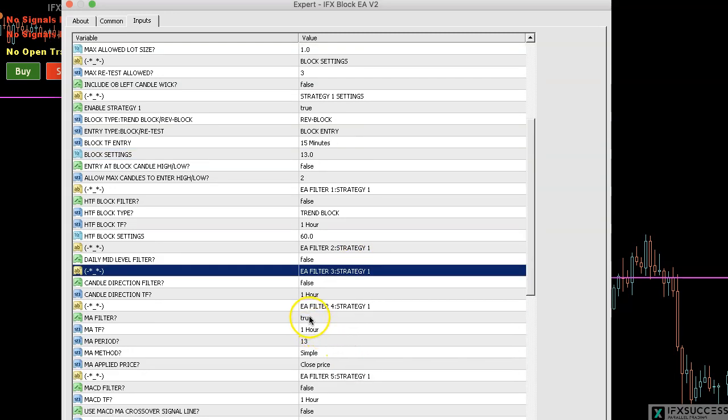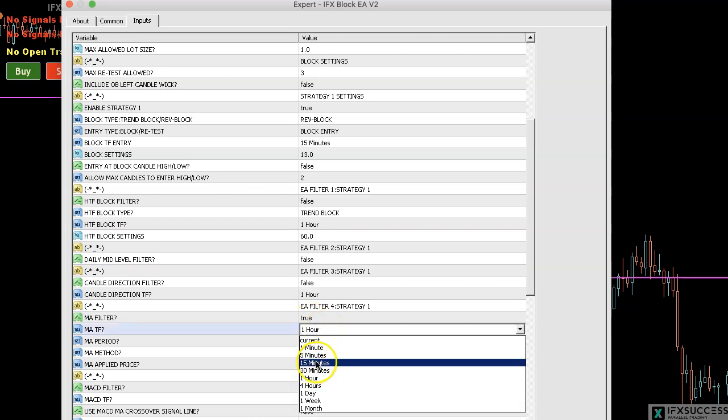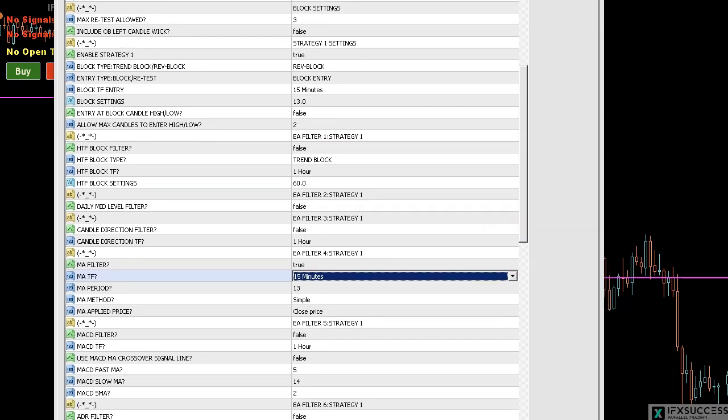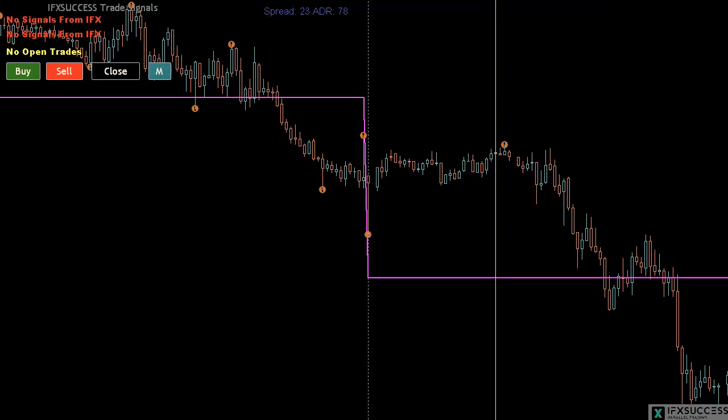If you want, you can filter it with the MA as well. You can put it on 15 minutes, and you can also use a higher time frame MA. So then that would be all. We can just say okay, and pretty much what this would do is give us an entry when it happens, right?